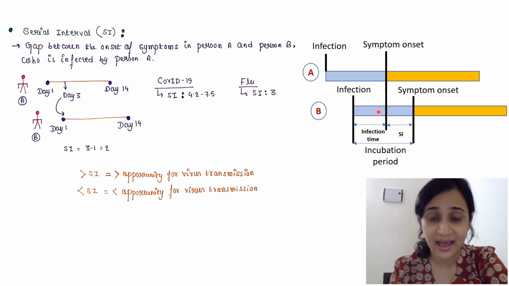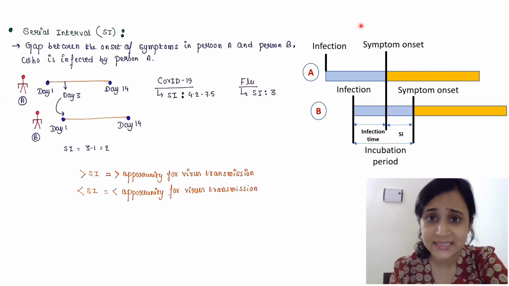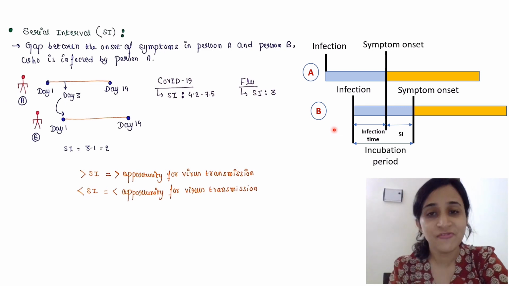The more the SI, the more the opportunity for virus transmission. The less the SI, the less the opportunity for virus transmission. Because if the SI is lower, you are aware and can isolate yourself faster. That will reduce the chance to infect other persons.